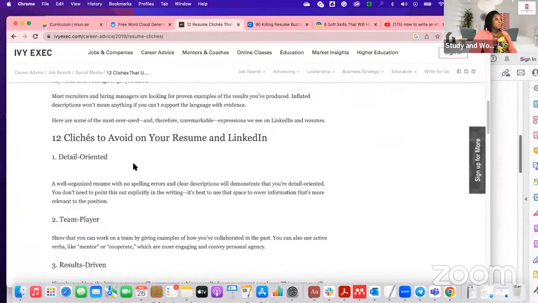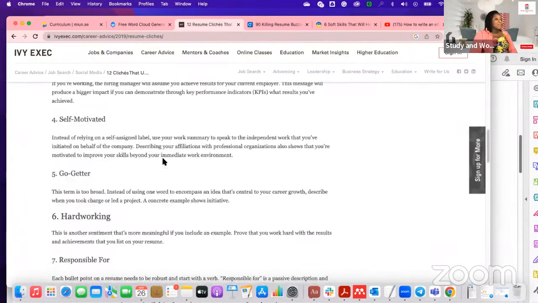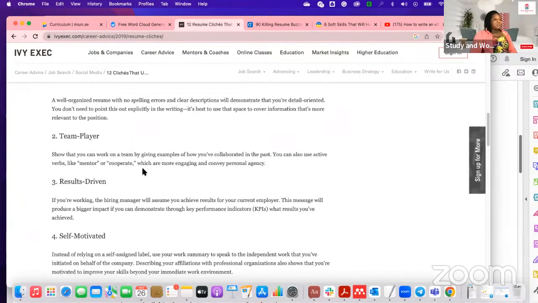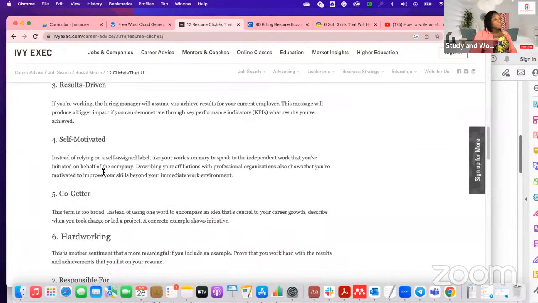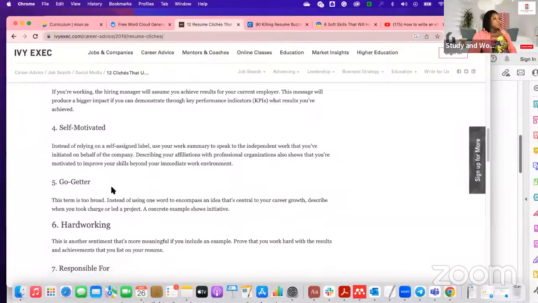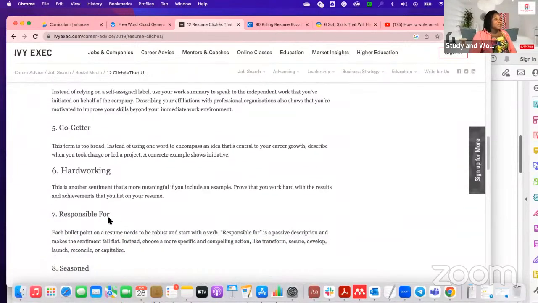For instance, you have detail-oriented, I'm a team player. Everybody's a team player. Results-driven, self-motivated, go-getter, hardworking. You're just putting all these cliches, those nice words, that will sell. How did you get these skills? How are you hardworking? What did you do? Show why you're hardworking.